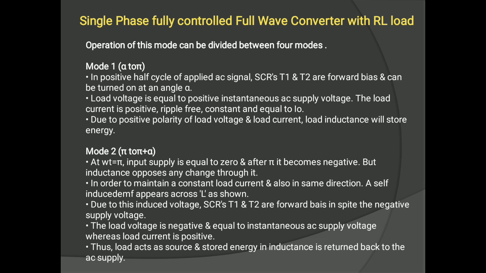The load voltage is negative and equals the instantaneous AC supply voltage, while the load current is positive. So here the load acts as a source and the energy stored in the inductance is returned back to the AC supply.